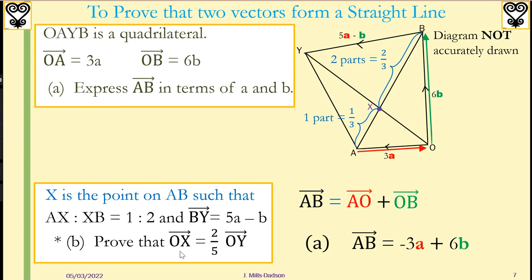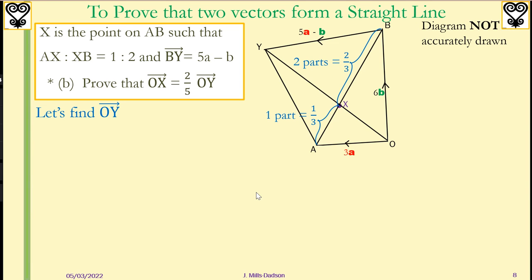But here we are supposed to prove something. So first is to work out what is our OX, what is our OY, and see if we multiply OY by 2/5, we'll get OX. So we start with working out OY. We can start with OX as well, that's fine.